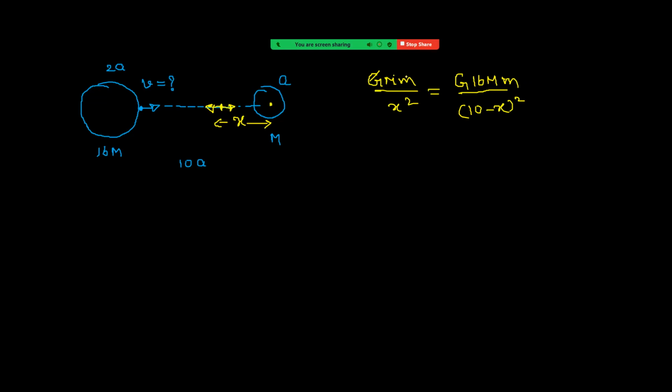So m gets cancelled. Remaining is 16x squared equals (10A minus x) squared, that is 4x equals 10A minus x. That implies 5x equals 10A, x equals 2A. So at this point, attraction by the smaller one and attraction by the bigger one will be cancelled.